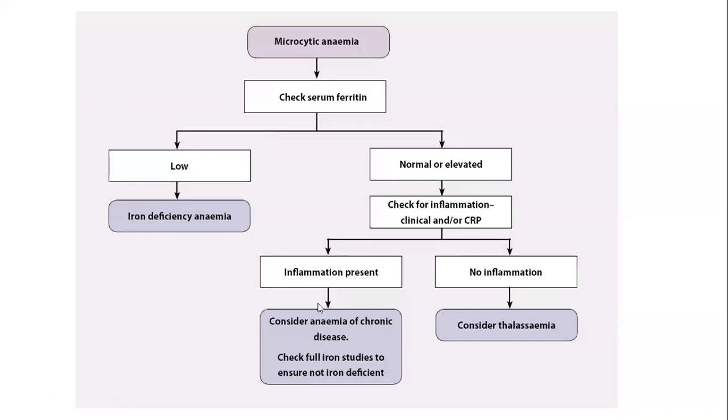What are the reasons for inflammation? We need to figure it out. Maybe consider anemia of chronic disease, or check a full iron study to ensure it is not iron deficiency. No inflammation, consider thalassemia.